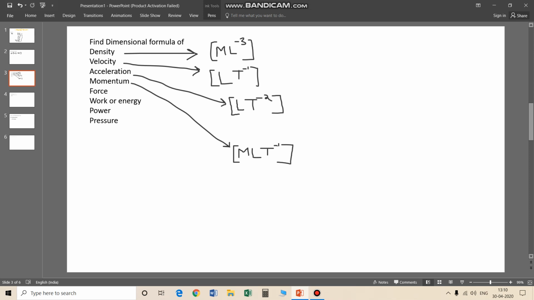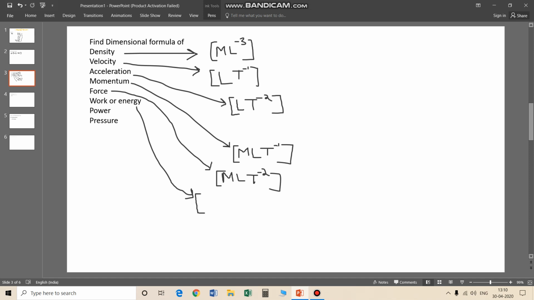What is force now? Force is mass into acceleration. Mass is M, acceleration is L T to the power minus 2, then M L T to the power minus 2. Now work or energy. What is work or energy? Force into displacement, means length.